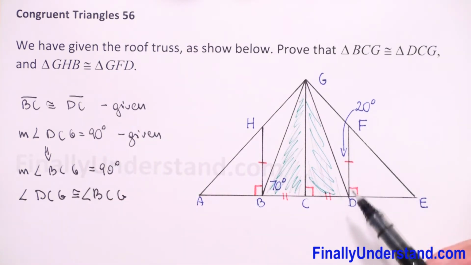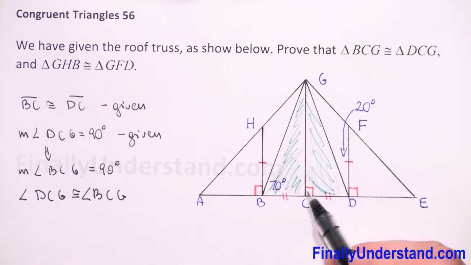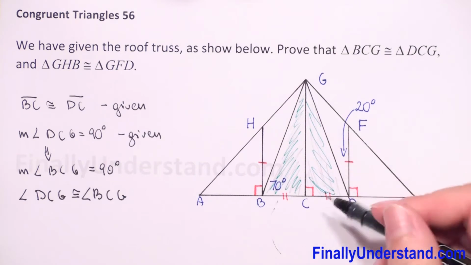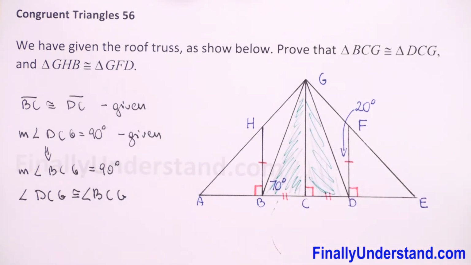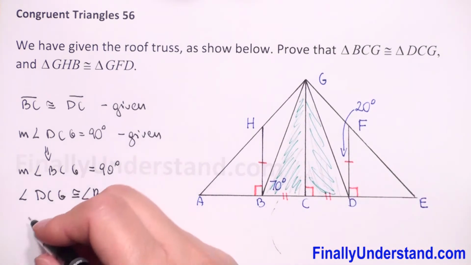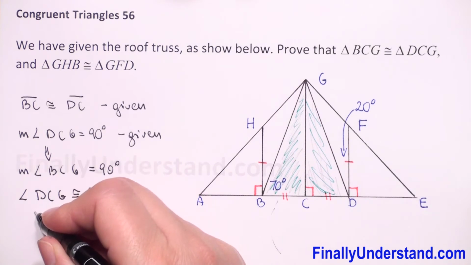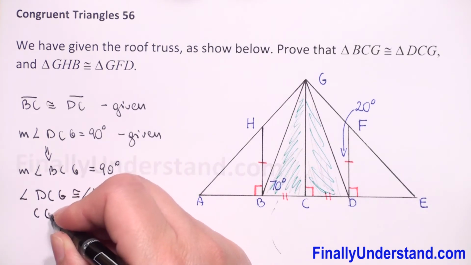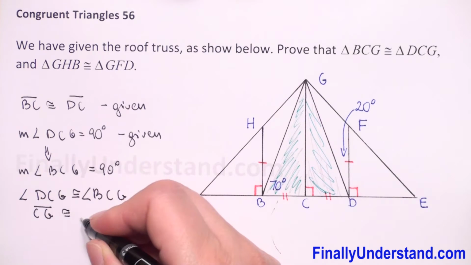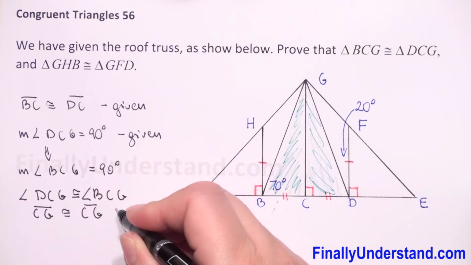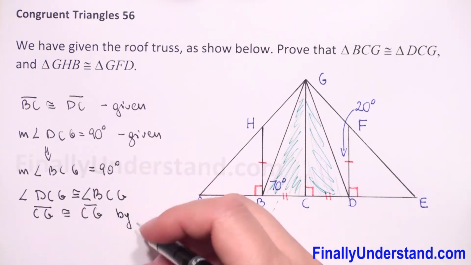So we have angles congruent. What else? We can write that CG is congruent to CG by the reflexive property.